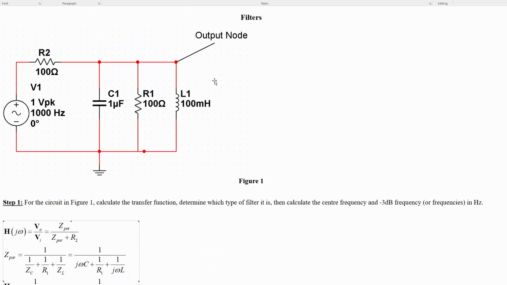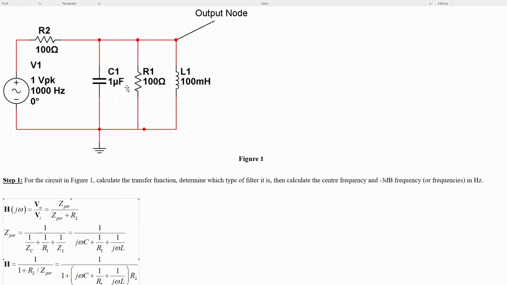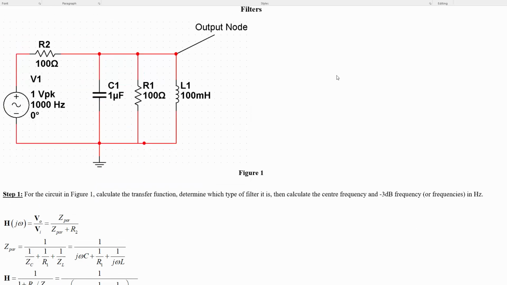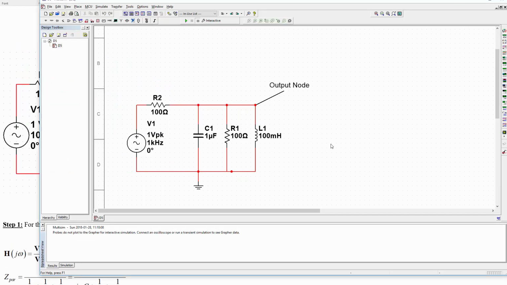In this case, it's a bandpass because it has a gain that goes to 0 at either frequency extreme and is not 0 somewhere in the middle. The resonant frequency is the point of maximum gain. And we found out the 3 dB frequencies by looking where the gain drops to 1 over root 2 of what the gain was at resonance.